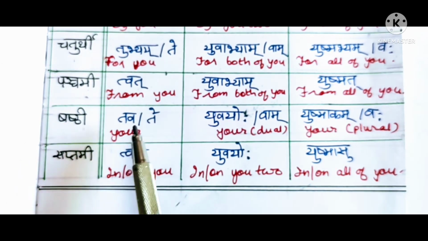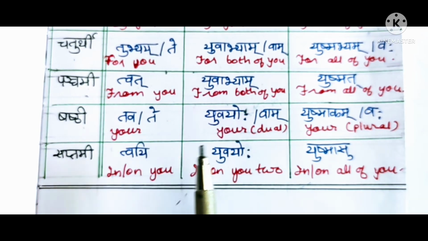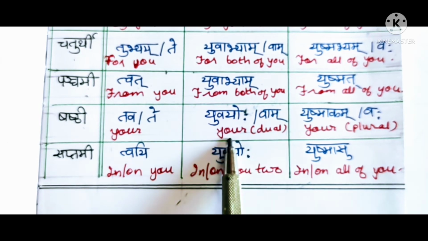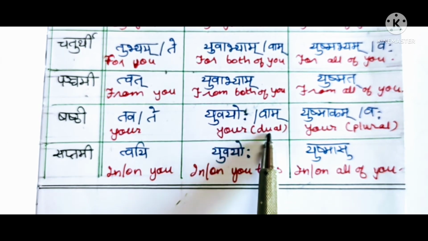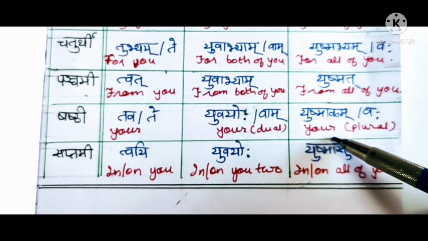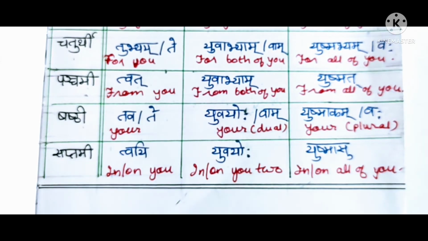Shashti Vibhakti Tava athva te meaning your. Yuvayoho athva vam means your for two persons, meaning dual form. Yushmakam athva vah your for plural, bahuvachanam, more than two persons.